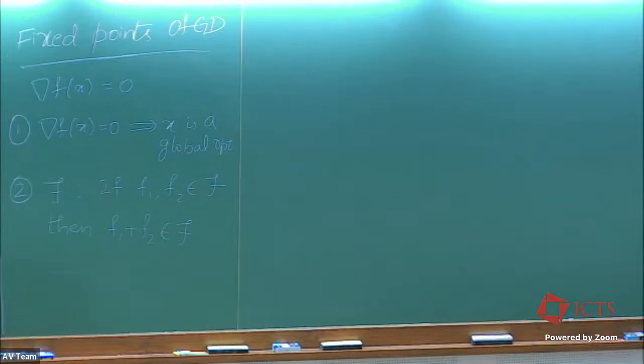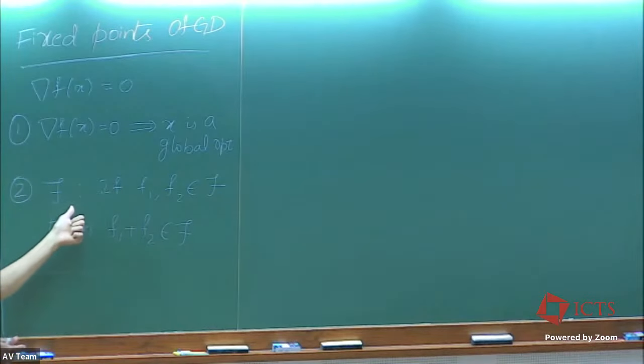If my function class is non-convex and I don't put any restrictions on it, then global minimization is extremely hard, without doing something like grid search and looking at every point. So I'm asking what is the broadest class of functions for which global optimization can be done in a tractable manner, or in particular, where even gradient descent can do global optimization. For that, the first condition I'll require is that the fixed points of gradient descent are indeed global optima, meaning that for any function in this class, if the gradient at a point is equal to 0, then x is a global optimum.